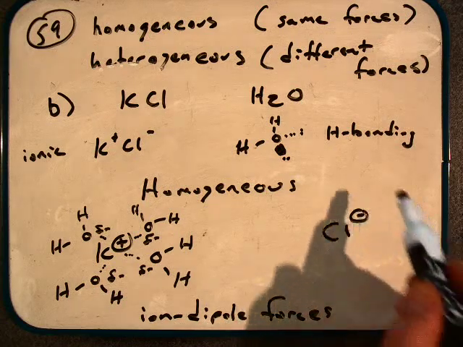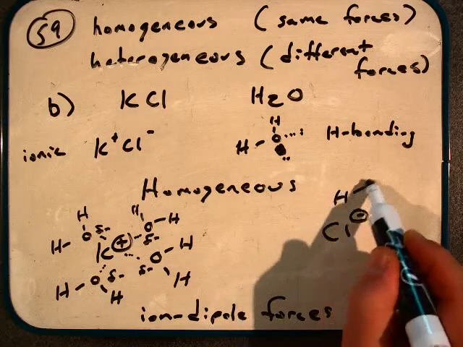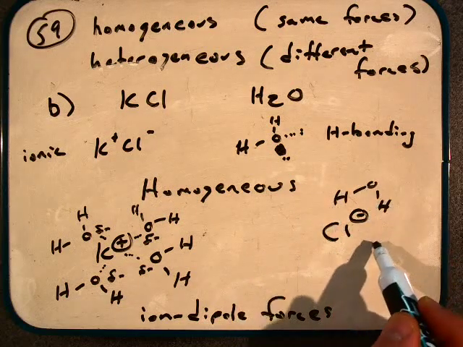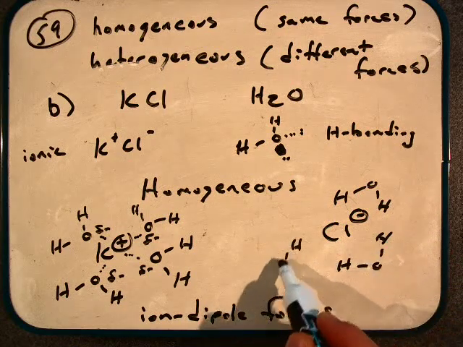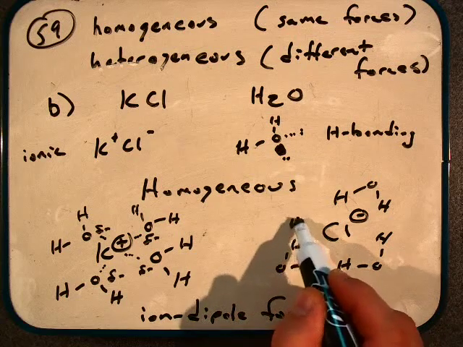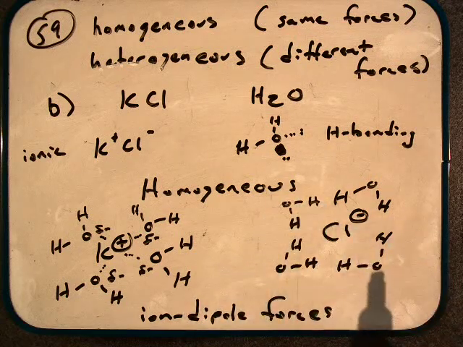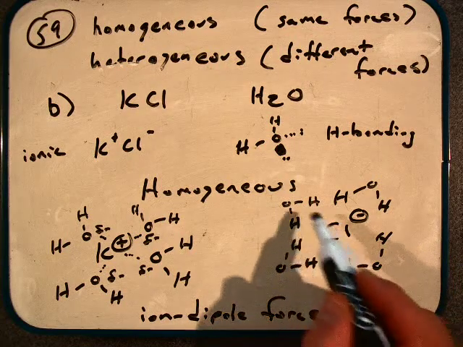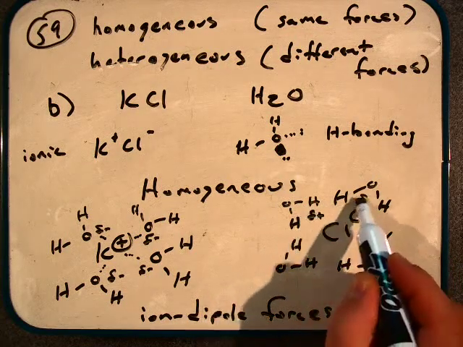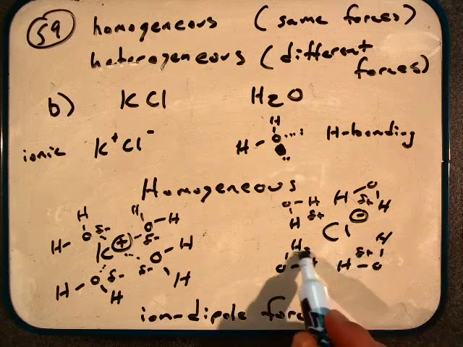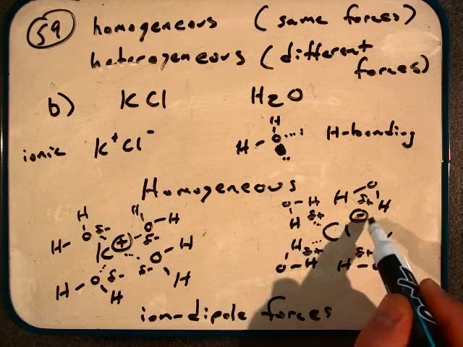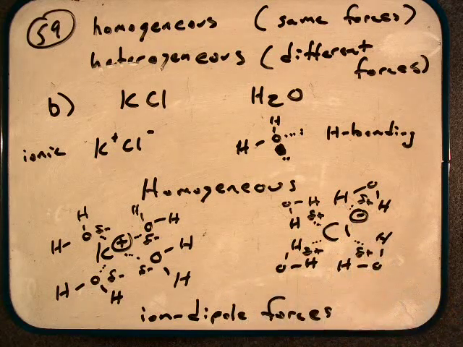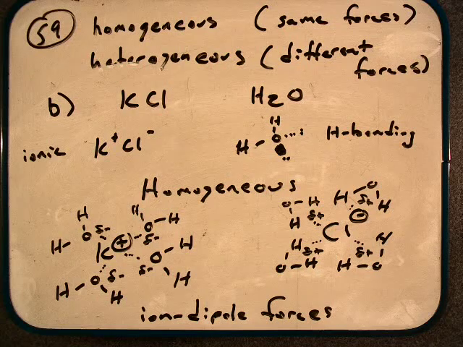We also see the same effect with the other charged element, in this case the anionic chlorine. And so we just have a reorganization of the dipole, and in this case we have the delta plus portion of H2O surrounding the negative chlorine, and so we end up with those same types of ion dipole attractive forces, which create the homogeneous solution.